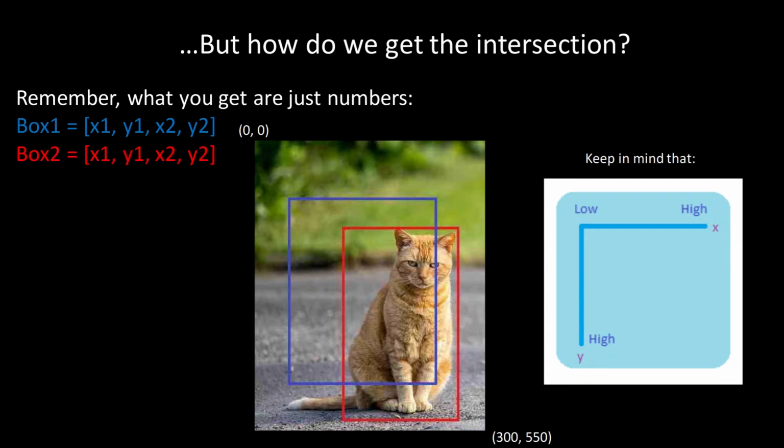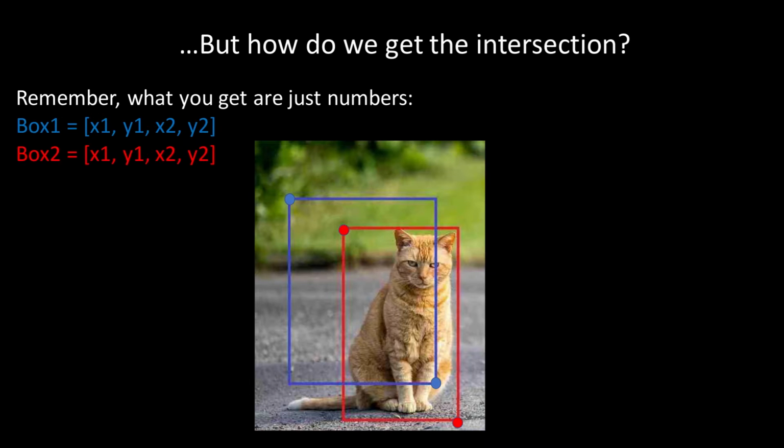For our image here, the origin is 0, 0 at the top left, and at the bottom right, depending on how large your image is, maybe it's 300 by 550 in this case, because it is quite a lot taller than it is wide. But anyways, for our image, as I mentioned in the previous video, these values correspond to the corner points for those bounding boxes.